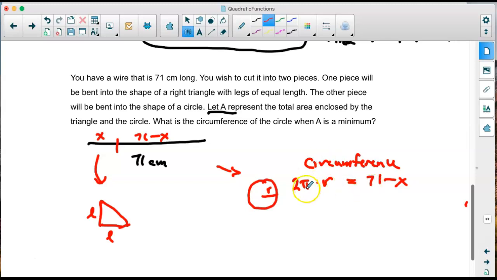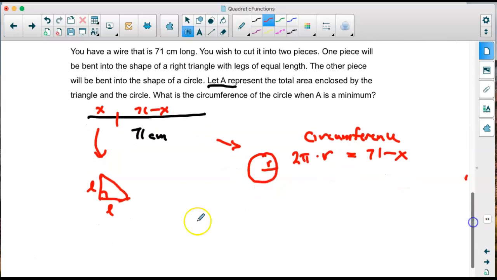For the triangle, we need the perimeter, so we have to figure out this side, because it all adds up to x. We'll have 2L plus the hypotenuse equal to x.